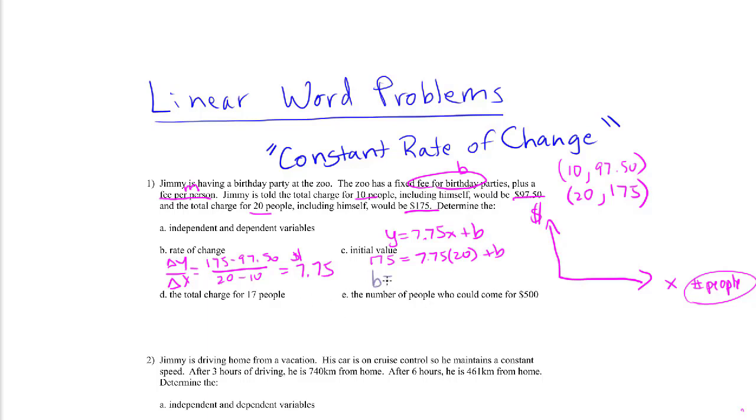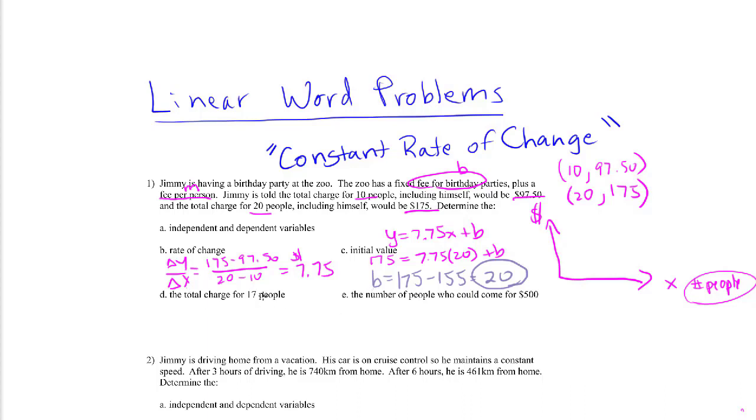B equals 175 minus 7.75 times 20, if I subtract that from both sides, which is going to be 155, and that equals 20. So our initial value is a $20 fixed fee when there are no people going to the zoo as part of your party.